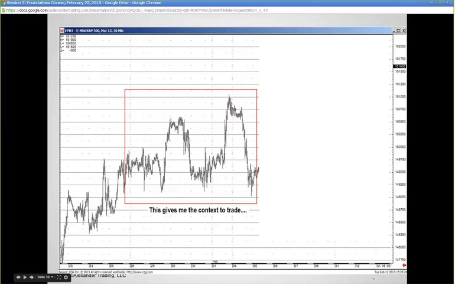One thing, Tom, I wanted to mention and then get your input on. If that balance area, and I'm just going to use a hypothetical, is let's say 40 handles on the ES, a wide range balance area, and the high volume node is 20 handles from the upper extreme, it's also going to depend on market condition. In other words, are you in an uptrend and it's a counter trend trade?